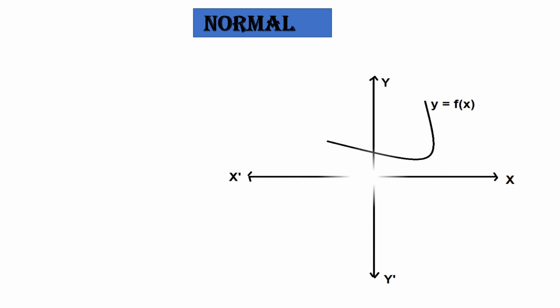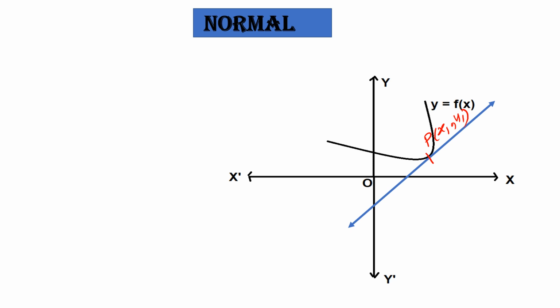Normal. What is normal? Normal is also a line. Let me explain through this graph of the curve y is equal to f of x. Draw a tangent line to the given curve. The tangent line intersects the given curve exactly at one point, that is P, whose coordinates will be x1, y1.